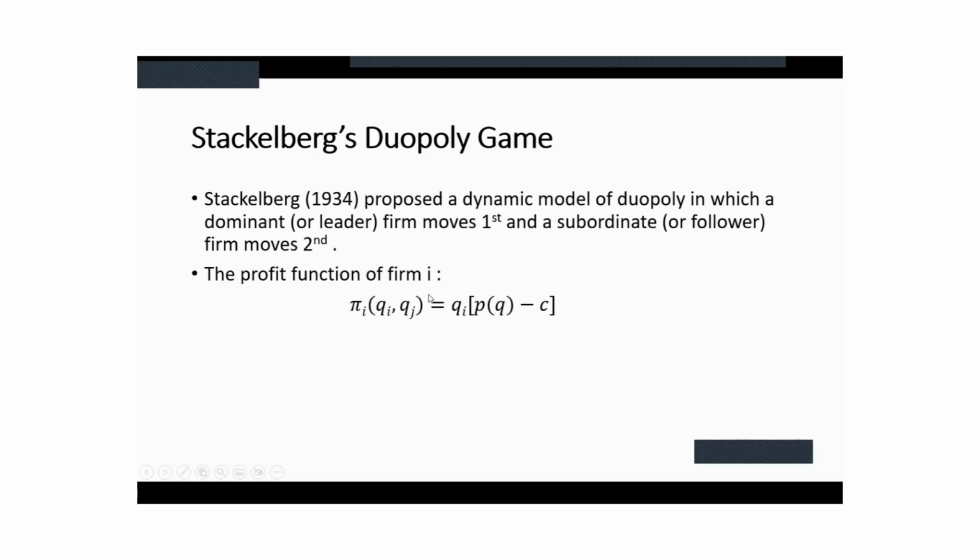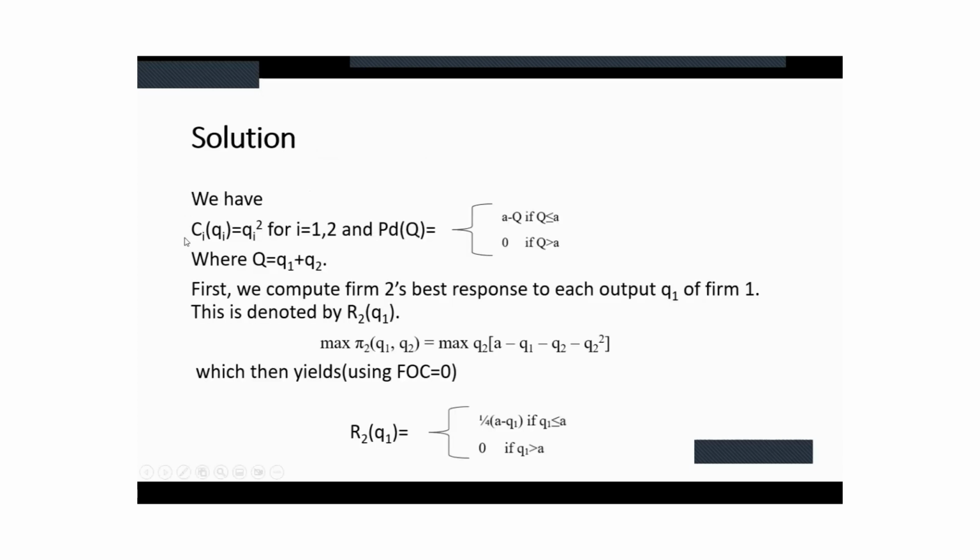Okay, moving on to the solution of this particular problem, we are given the cost function and the price. And we know that the total output is q1 plus q2, the sum of firm 1's and firm 2's output. First, we compute firm 2's best response to each output q1 of firm 1.